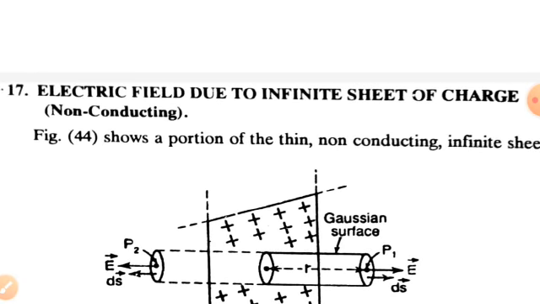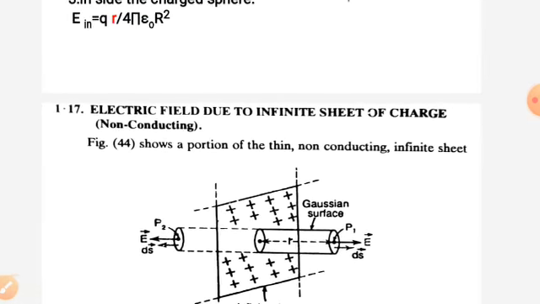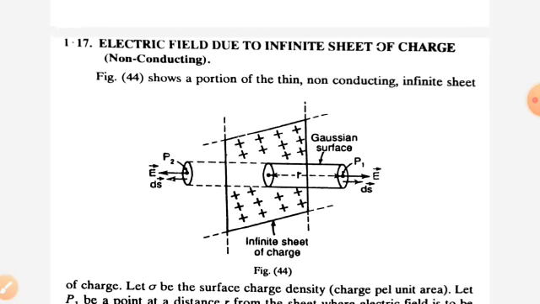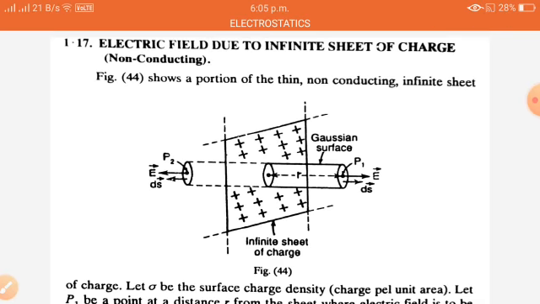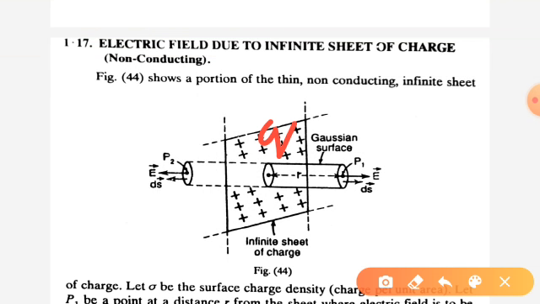By using Gauss law, we can also determine the electric field intensity due to an infinite sheet of charge. This is the second application. For that, consider an infinite sheet having the charge Q. We have to calculate the electric field intensity at a point P, which is at a distance R from the sheet.